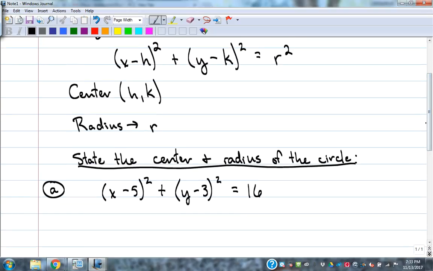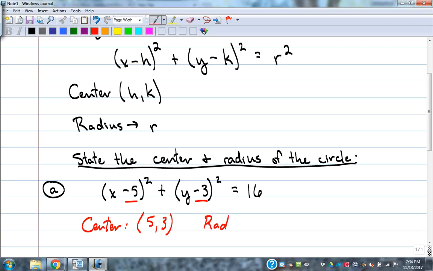So using our decoder ring there, with (x minus h) squared plus (y minus k) squared equals r squared, we know that the center is at the ordered pair (5, 3). That's coming from those. So the opposite of whatever's in the parentheses there: it's a minus 5, it's going to be positive 5. It's a minus 3, it's going to be positive 3. If it were pluses, it'd be negatives.